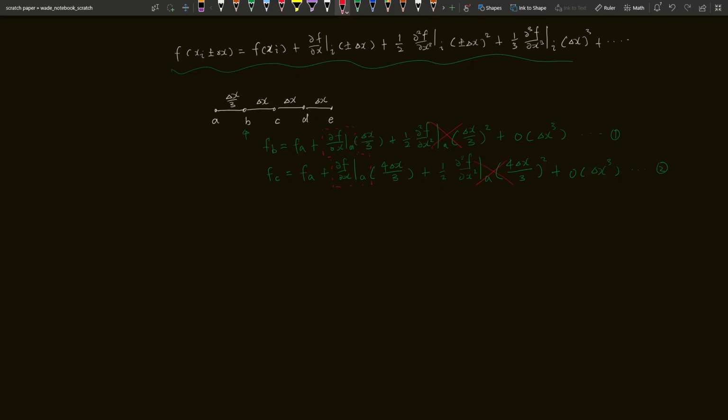To do that, we use the first equation multiplied by 16 minus the second equation. What we get is 16 times f(B) minus f(C) equals 15 f(A) plus 4 times the first order derivative of f at A times delta x, plus the error term.